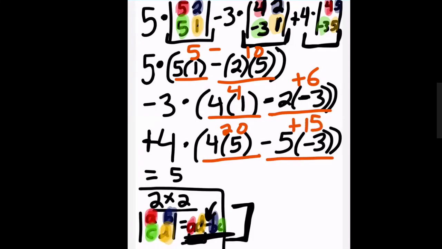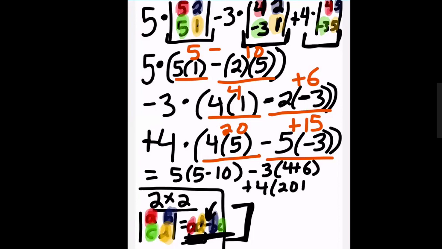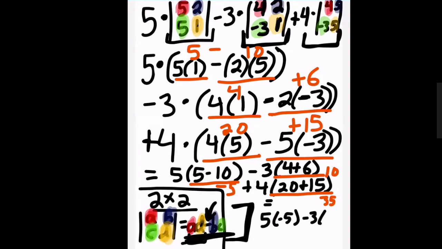So we have 5 times 5 minus 10, minus 3 times 4 plus 6, plus 4 times 20 plus 15. So this equals 5 minus 10 is -5, 4 plus 6 is 10, and 20 plus 15 equals 35. So we have 5 times -5 minus 3 times 10 plus 4 times 35.